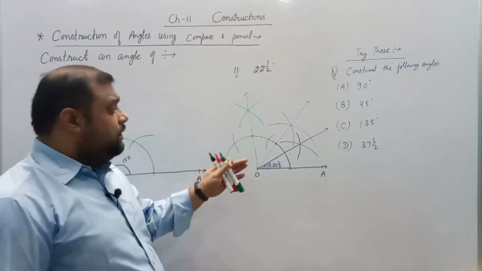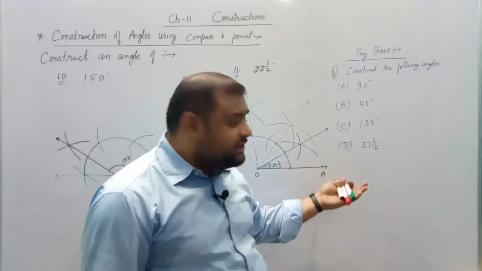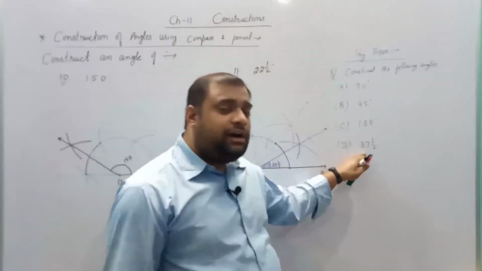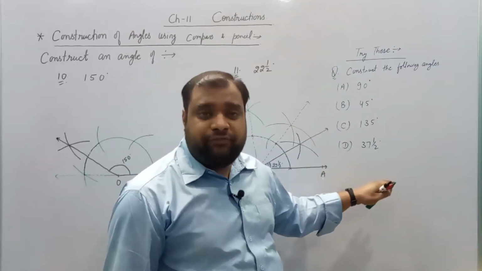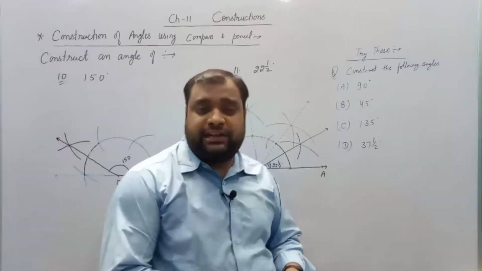Okay, so these four angles you can try. 90, 45 we have already constructed. 37.5, it's the bisector of 75 degrees. And this you have to try, 135 degrees.